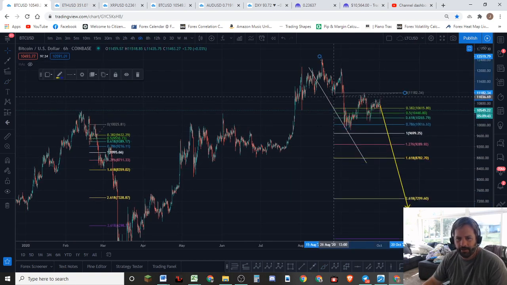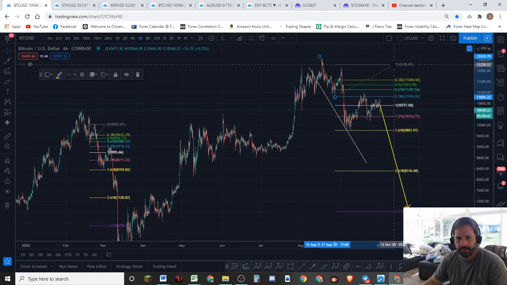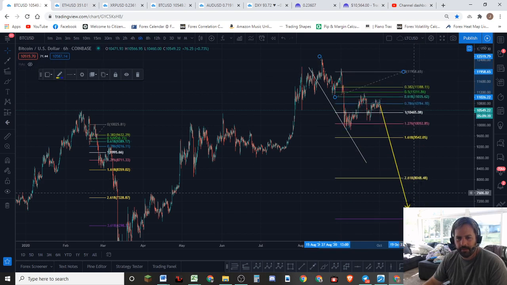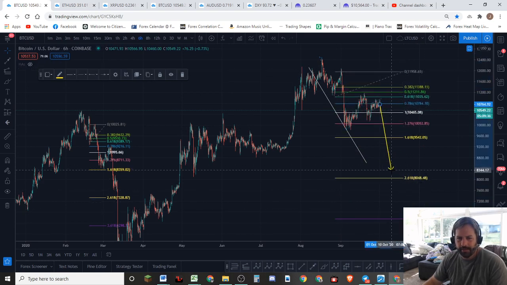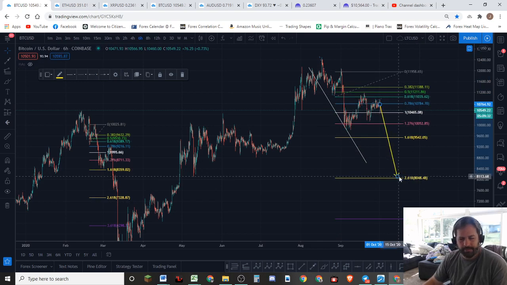Actually, let me do better. I'd say our first target would be, well, lots of targets, but one I'd be really interested in is this target right here, this 2618.